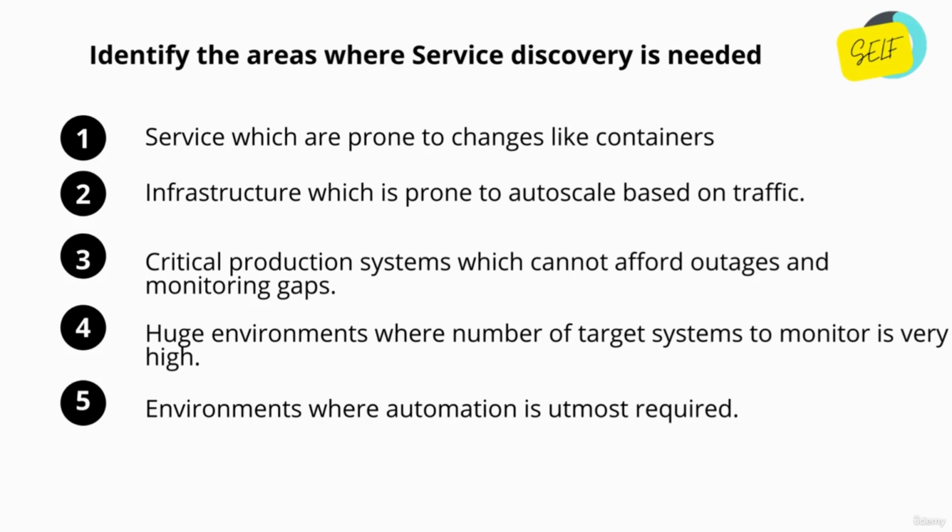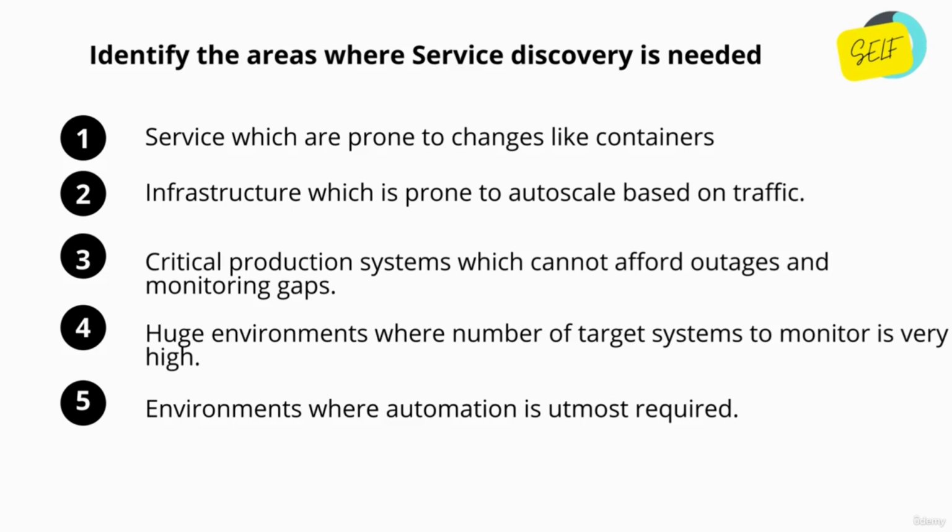No, that's not feasible and that's not good practice. So what you will do is implement service discovery based on tags or labels associated with the instance or server or machine. Your service discovery should do the task of auto identifying the servers which are running in your environment.